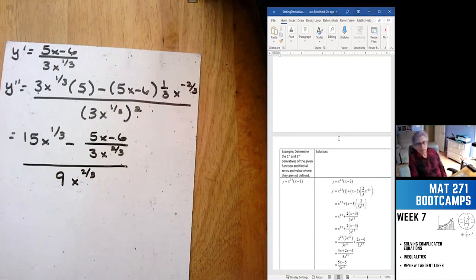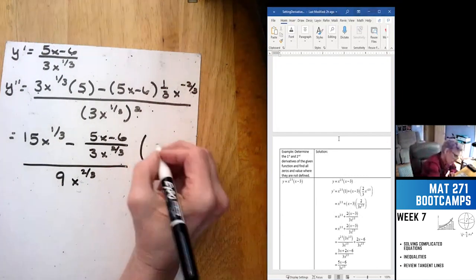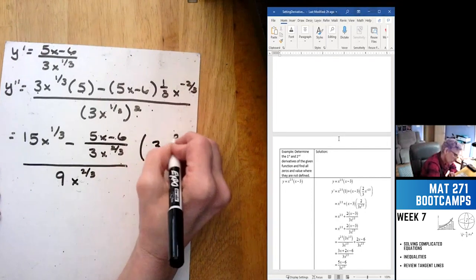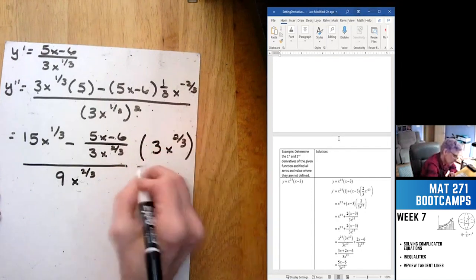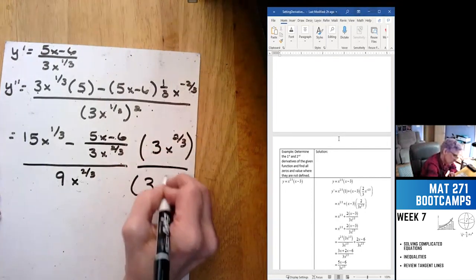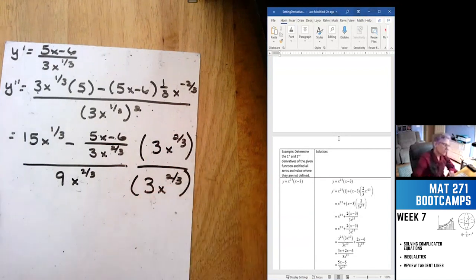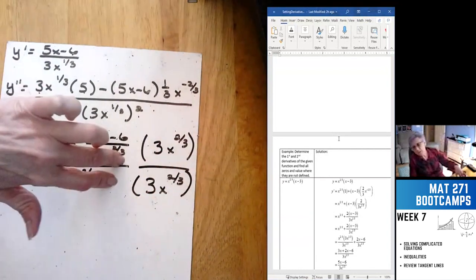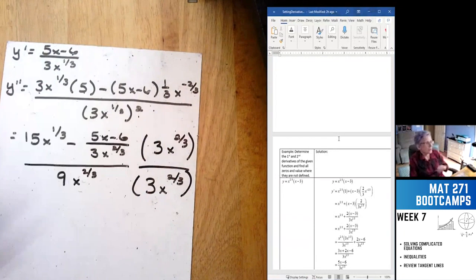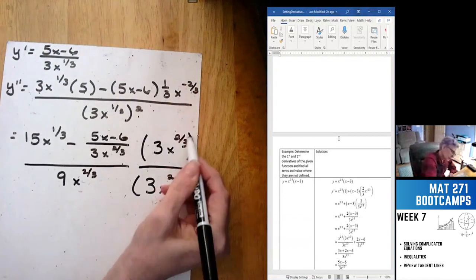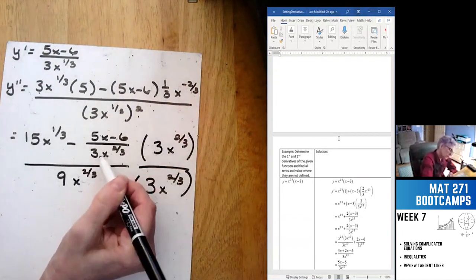And doggone it, I've got another fraction on top of a fraction, and as you know, that offends me. So I'll multiply by 3x to the 2/3 over 3x to the 2/3, because multiplying by 1 is always legal. That will cancel with that.